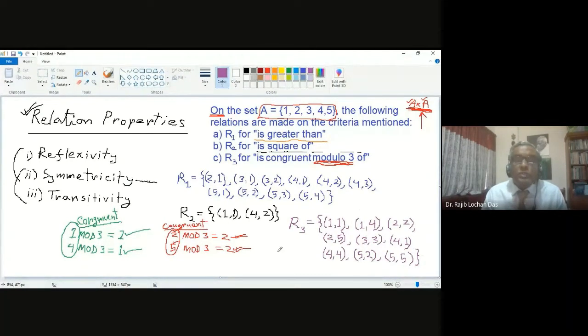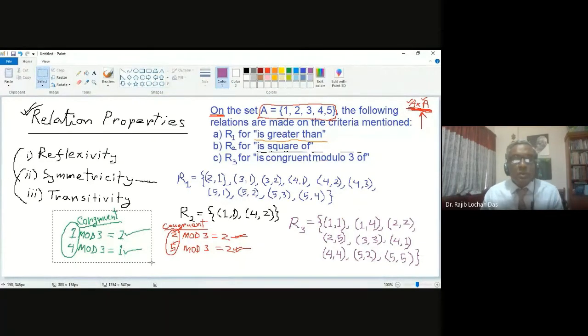So these are the elements in R3, based on three given criteria: one is greater than, another is square of, another is congruent modulo 3. In the exam also, I can give you some conditions like that, and then I will tell you to check which property is satisfied by the relation.